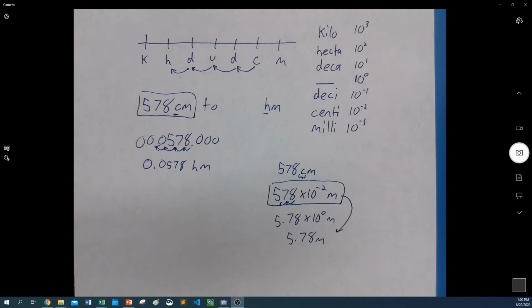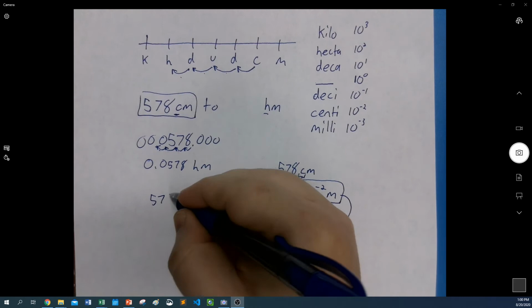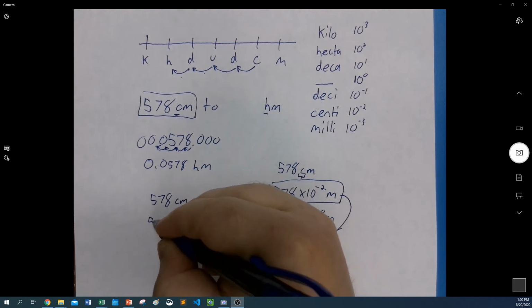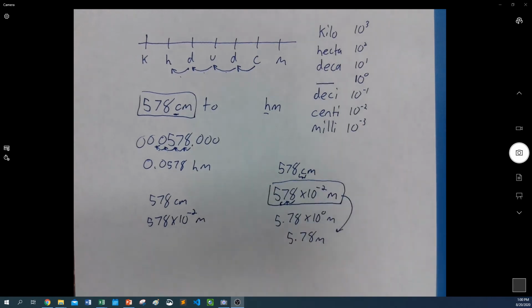So this is from Mrs. England's stuff. I do this pure math. And I just realized how I do it is probably too complicated to explain to you to pick up. So how I look at this: 578 centimeters is the same thing as 578 times 10 to the negative 2 meters.